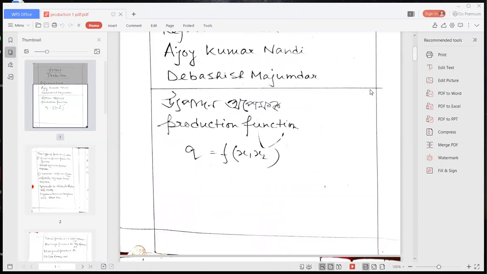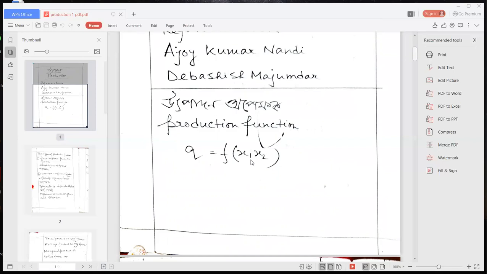Production function is a functional relationship between two variables, the independent and the dependent variable. Here, the production function is the functional relationship between the total output Q and the inputs x1 and x2.